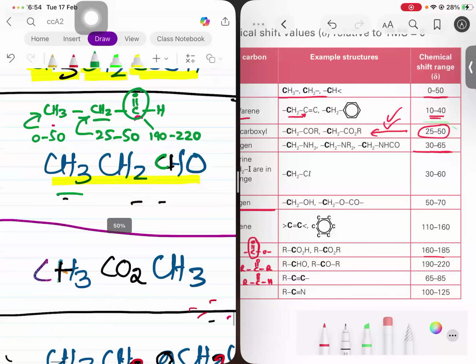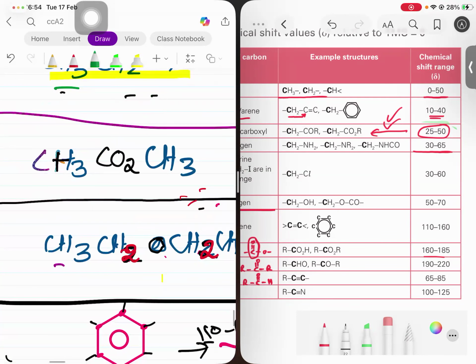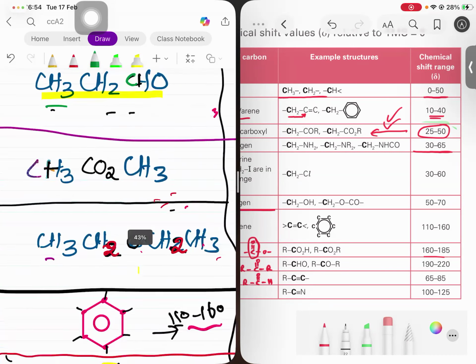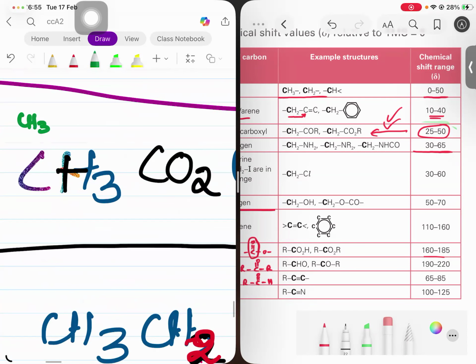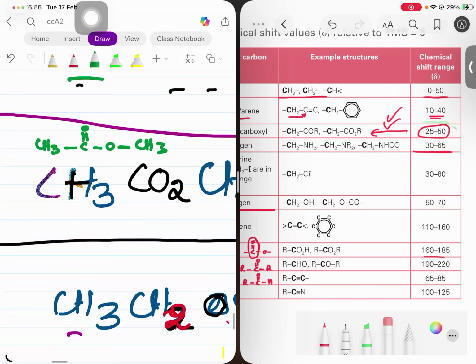Okay, Lelma, what about this one? 2 peaks. If you want, I can open it like this. It is CH3, an ester, C double bond O, CH3. Would the oxygen matter? Yes, it does. 3 peaks. This CH3 has 1 peak. Can you tell me the range? It's next to CO, 25 to 50.